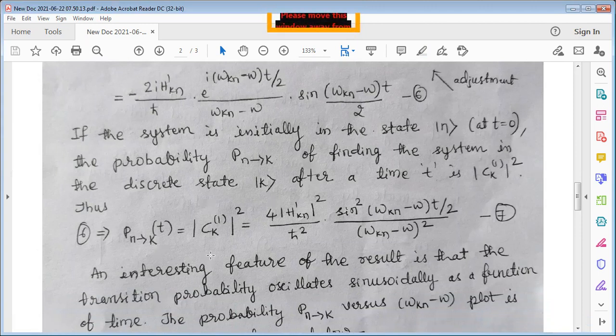The probability of going from state n to state k becomes, on squaring this equation, 4 |H'_kn| squared divided by ħ squared, times the square of the sine function, divided by (ω_kn − ω) whole squared. The term e raised to i(ω_kn − ω)t/2, when squared, becomes e raised to i(ω_kn − ω)t, and this term goes to unity when we take the mod square. So that is why we are left with this.